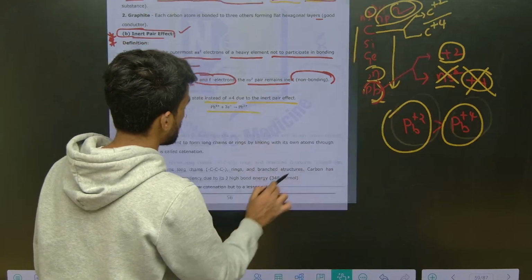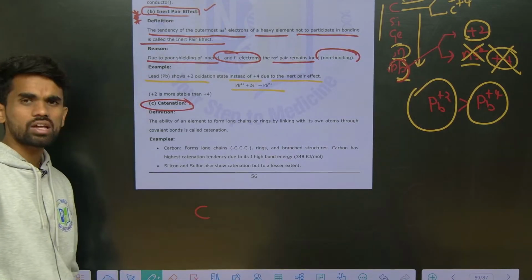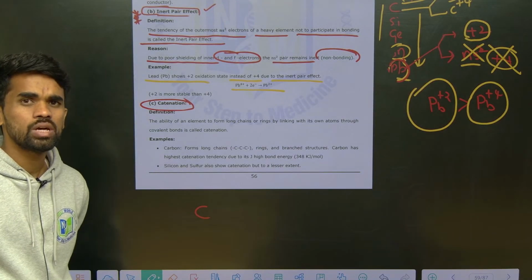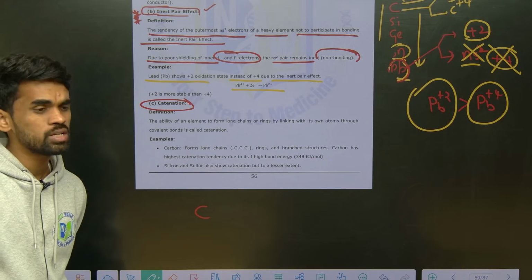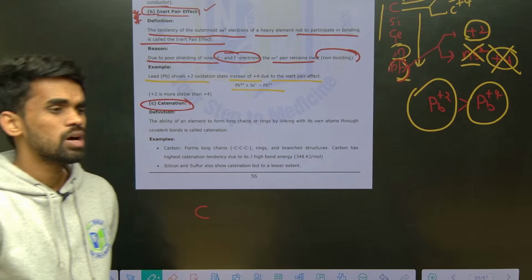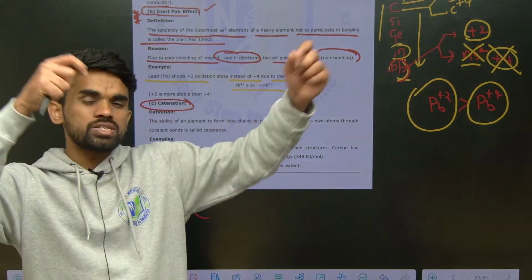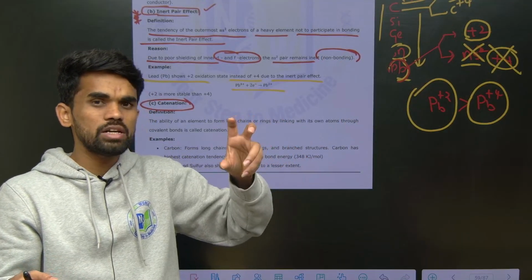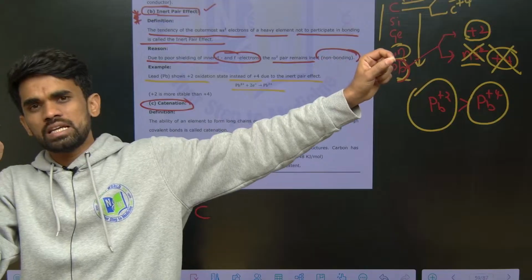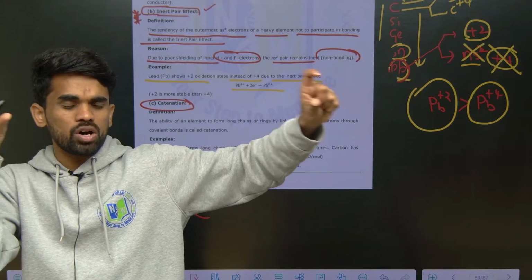What do we mean by catenation? If you see organic compounds, they are mainly made up of what? Only carbon and hydrogen. Mostly it will be carbon and hydrogen, along with some other heteroatoms, but what you see majorly are big carbon chains. Carbon has the ability to form very long chains, very long carbon linkages.